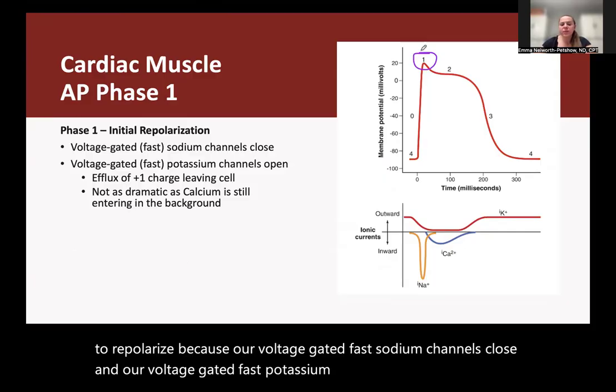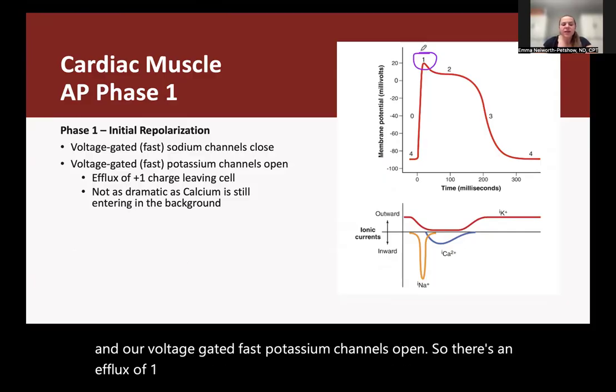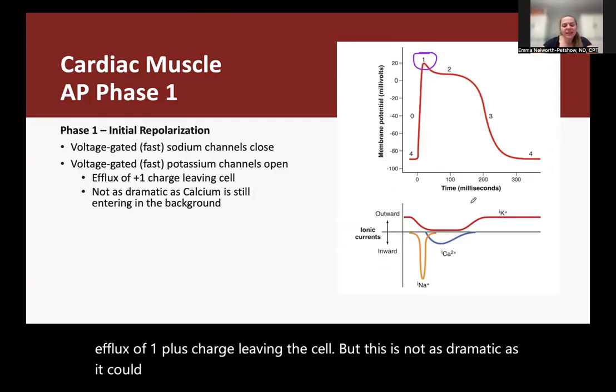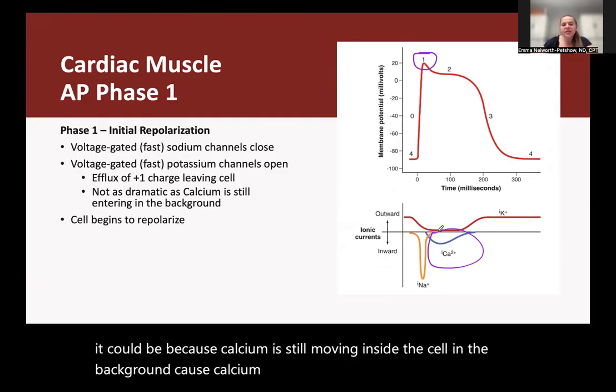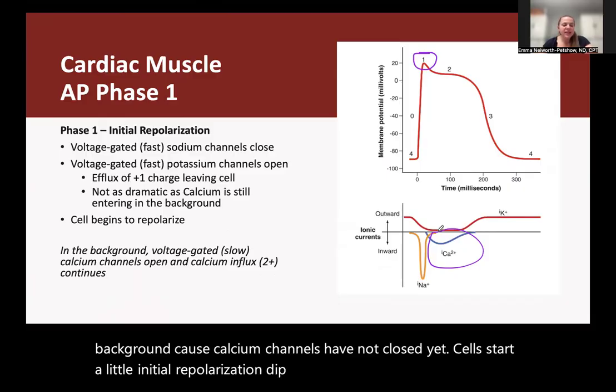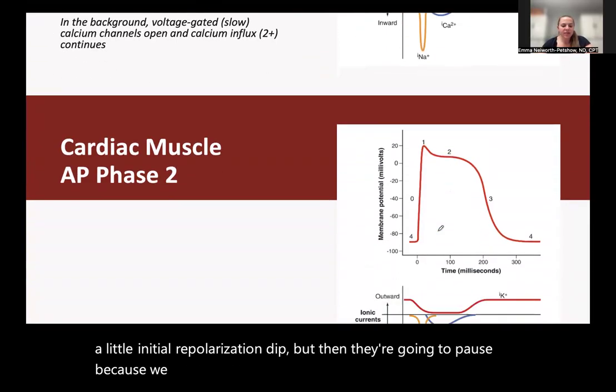So there's an efflux of 1 plus charge leaving the cell. But this is not as dramatic as it could be because calcium is still moving inside the cell in the background because calcium channels have not closed yet. Cells start a little initial repolarization dip, but then they're going to pause because we still have calcium influx.